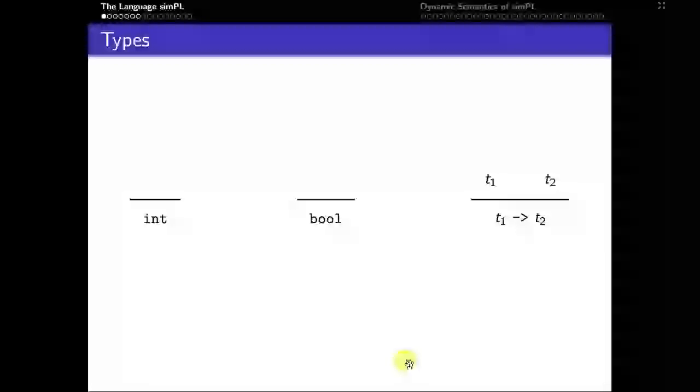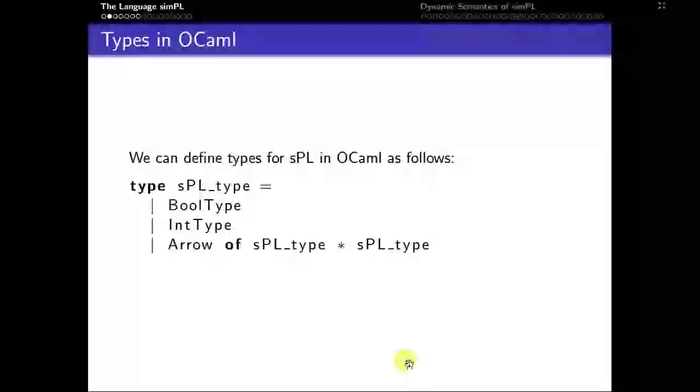With the intuition that this represents a function from type T1 to type T2. All right? So these are the basic types for our language. We knew of Boolean type and int type from last week, and now we add a new construction called arrow that takes a pair of types.